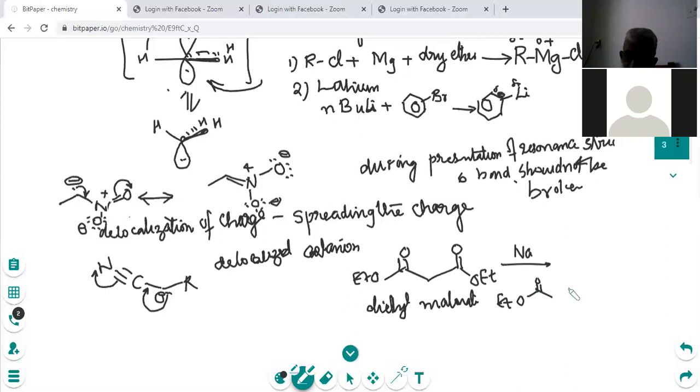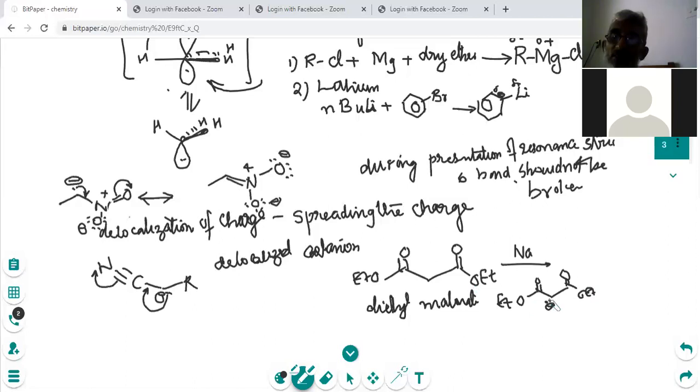And see here, the sodium salt. And this sodium salt will be having a lone pair of electrons. See, this can be delocalized.